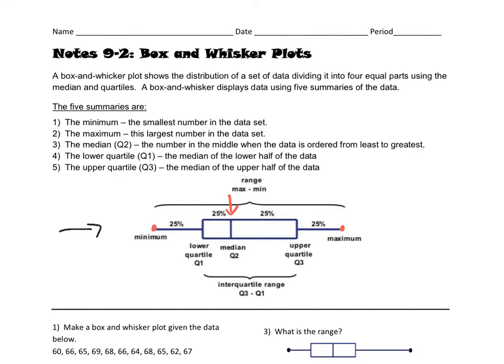Okay, originally on a box and whisker plot, you're going to put five dots, okay? So you're going to put a dot at your minimum, a dot at your maximum, another dot is going to be your median, okay? Your 4th dot is going to be your median of your lower half of data, and your 5th dot is going to be your median of your upper half of data.